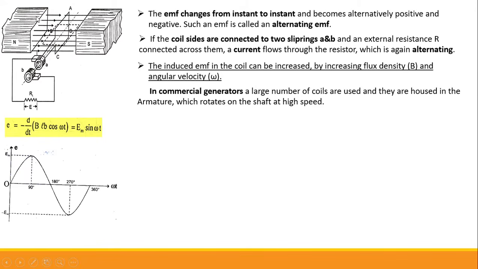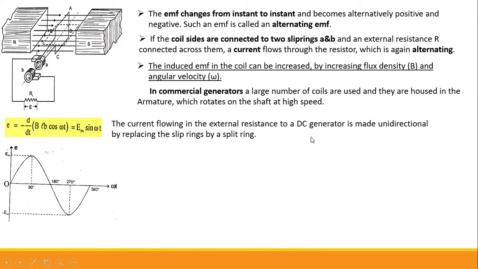Here I have explained a single coil ABCD between two poles. But in commercial generators, a large number of coils are used and they are housed in the armature, which rotates on the shaft at high speed.